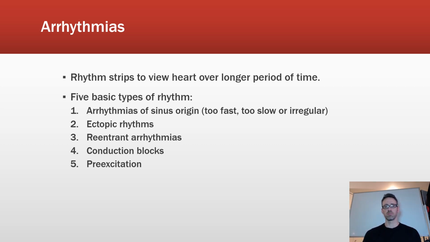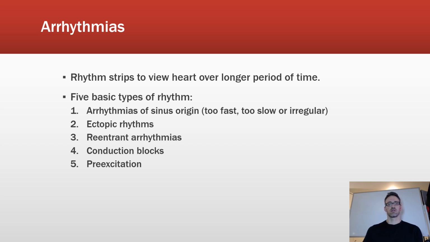There's the arrhythmias of sinus origin, or from the sinoatrial node. So something that's either going too fast, too slow, or it's irregular. So too fast, something like tachycardia; too slow, bradycardia, and we'll discuss some of the irregular rhythms as well.